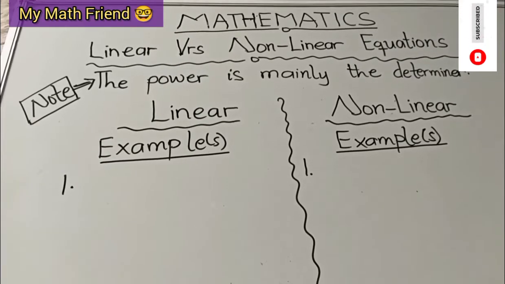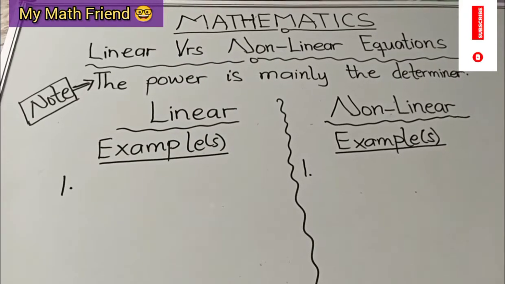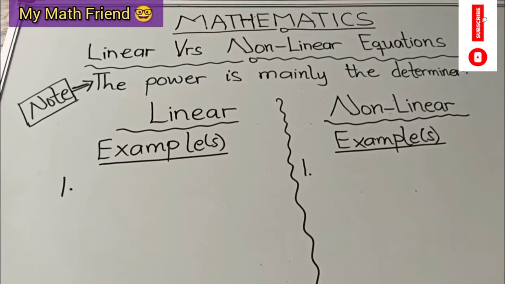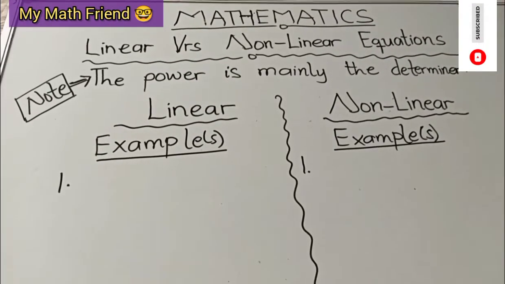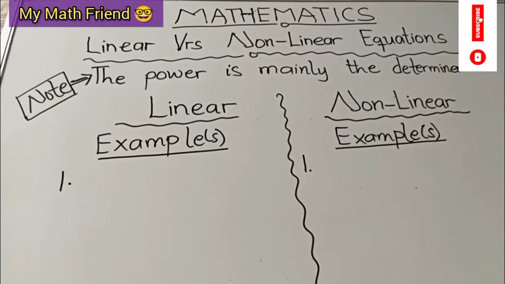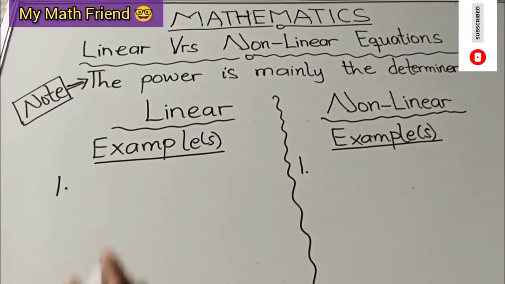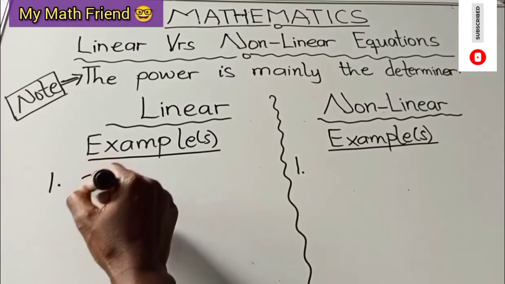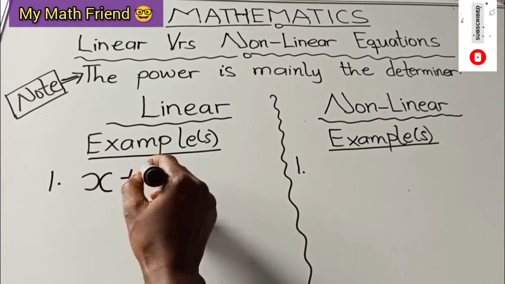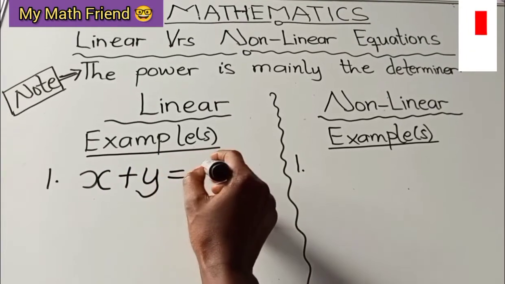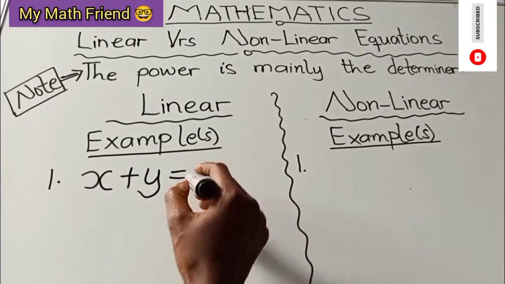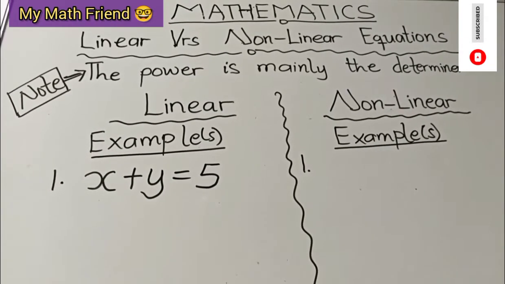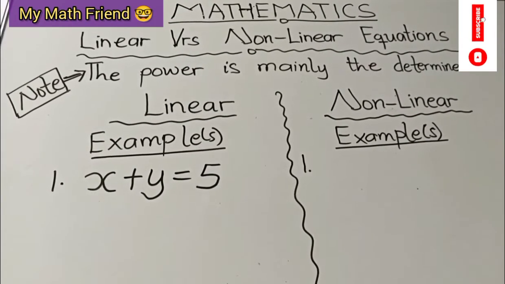Very well, let's look at some examples in this table. The examples are going to help us. When we come to linear equations, the first example is the one you see on the board. If I have x plus y equals 5, this is an equation, and it is linear.